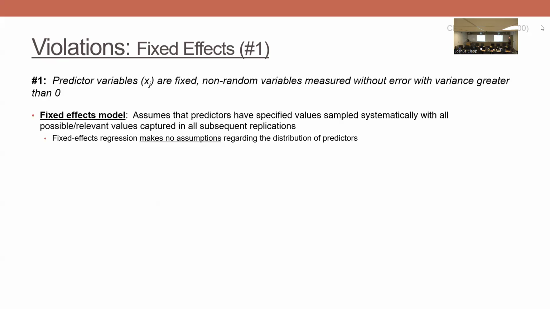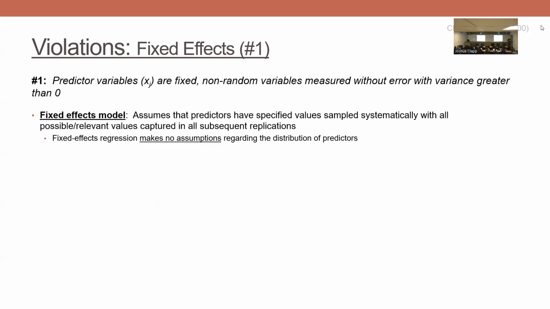So what this would imply is if I'm looking at the impact of extroversion on some outcome, if I had a fixed effects model, it would mean I've systematically sampled people for all possible levels of extroversion that anybody could ever be interested in using moving forward. And what I've done is gathered people from each level of extroversion across the whole dimension, and everyone is represented in equal amounts in my sample, right?